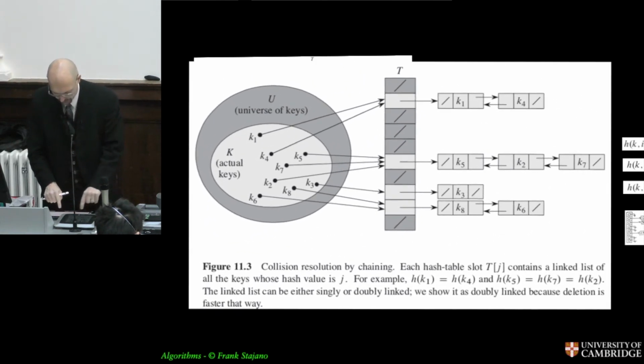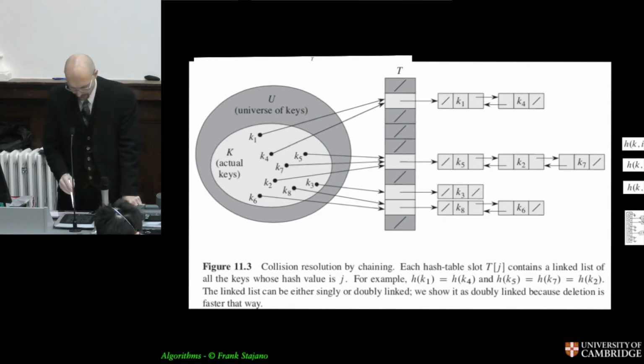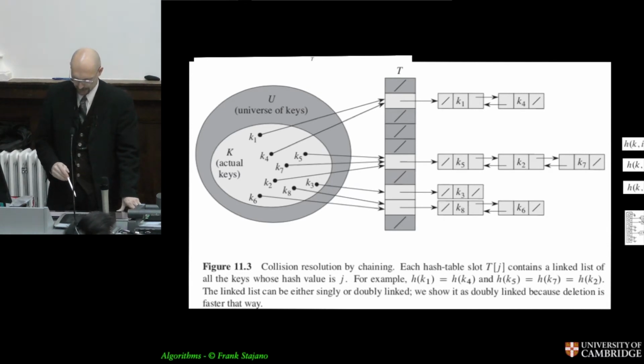So here is a picture of having done just that, where these keys K2 and K5 and even K7 all of them map to this slot. And this slot is a pointer to a linked list, in fact a doubly linked list of records which contain the K5, K2 and K7.